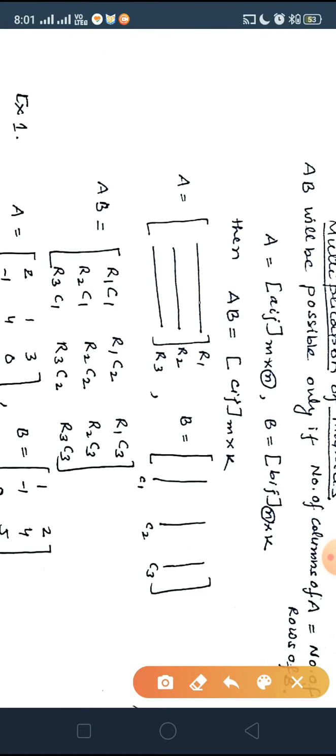Now how would you multiply two matrices? Here is a representation. A is equal to R1, R2, R3.